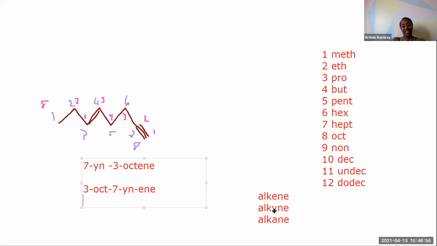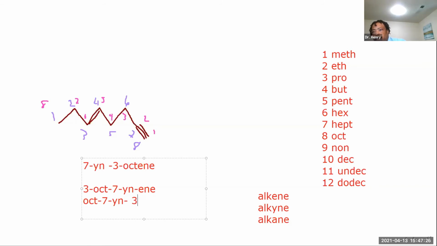Okay, whatever. And the worst part is that you'll see it written both ways. You also see it a third way, where they will actually go oct-7-yne. Wait, the yne, that's the triple, right? Yes.